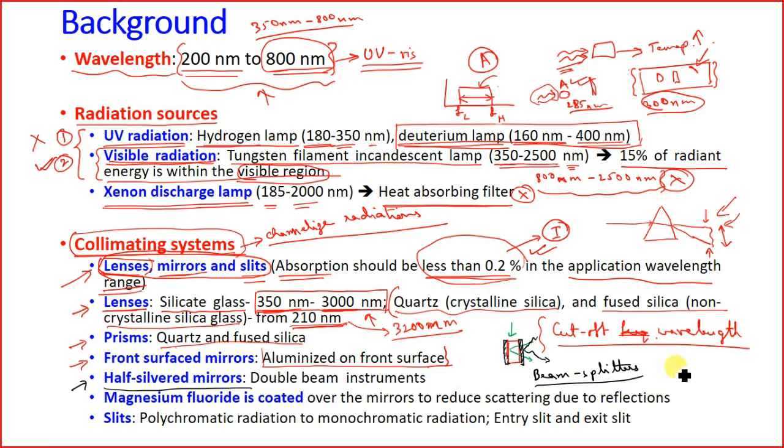For example, if you incident some radiation onto these half silvered mirrors, they will allow some radiation to pass through and reflect the other part. This type of mirror is used in double beam UV visible spectrophotometers, which we will be discussing later on.